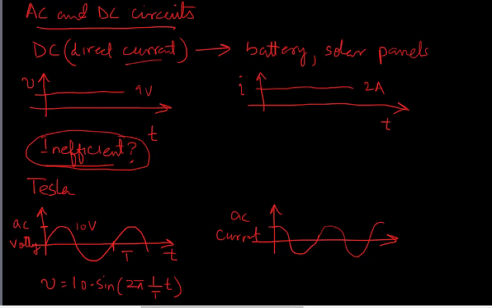Similarly, if this AC current is 5 ampere at the peak of the cosine and the time period for this waveform is capital T, then I can say that this current is 5 times cosine 2 pi 1 over capital T times t. This is how alternating current is expressed mathematically.